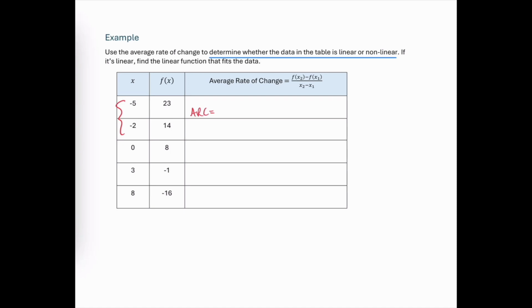The average rate of change is calculated by looking at the second y coordinate, which in this case is 14, minus the first y coordinate, which is 23, and we'll divide that by the second x coordinate, negative 2, minus the first x coordinate, which is negative 5. 14 minus 23 is negative 9, and negative 2 minus negative 5 is the same thing as negative 2 plus 5, or positive 3. So we get negative 3 as the average rate of change between these first 2 points.